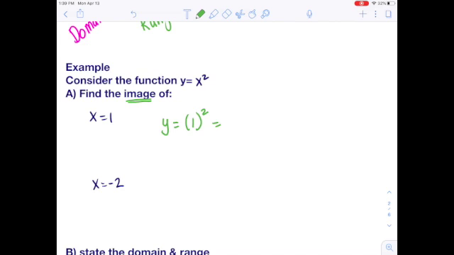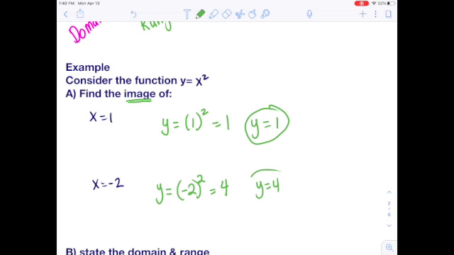And that is called the image of x. So your answer would be y is equal to 1. If you had an x value of -2, same story, you just plug it in. So -2 squared would just be 4. So y is equal to 4. And those are part of your range.